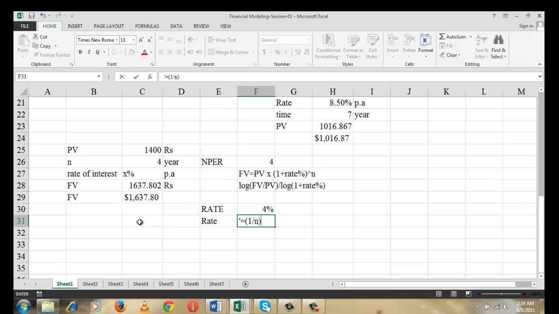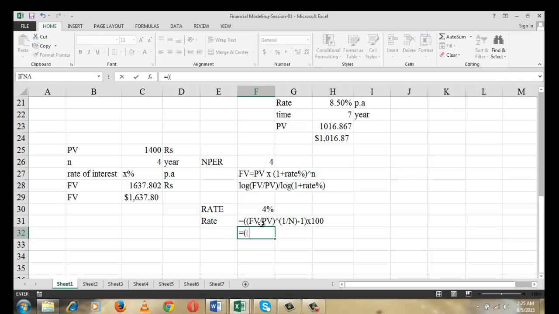You can write the rate of interest by using this formula: future value by present value to the power 1 by n, minus 1, into 100. So you can use this formula to determine the rate of interest directly.